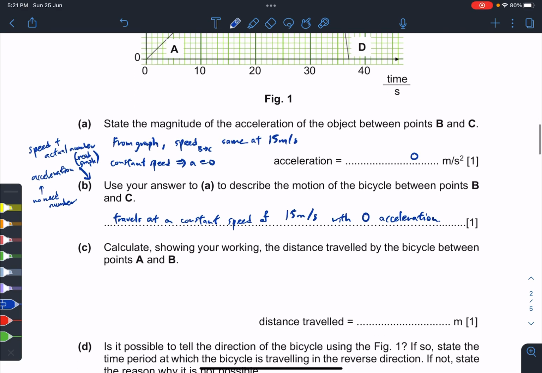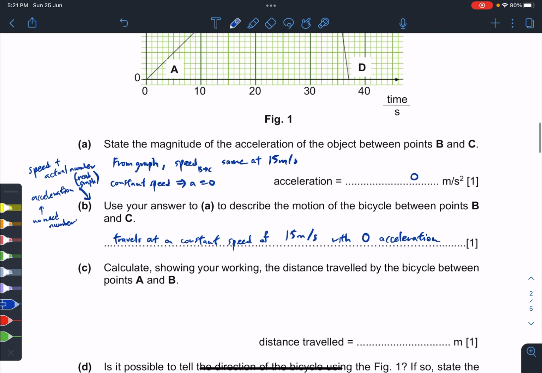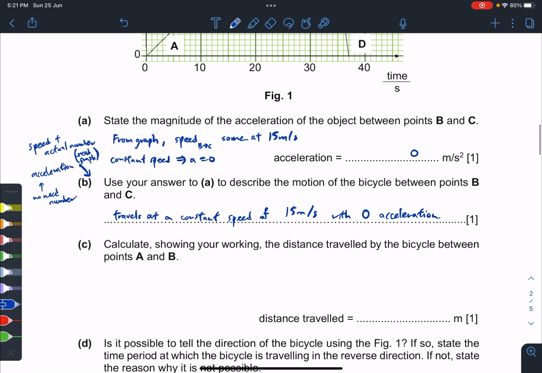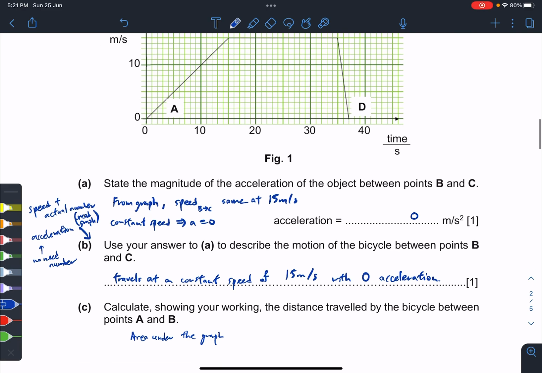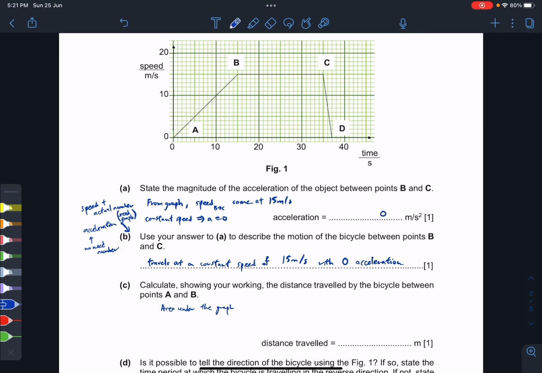Now it's supposed to find distance. Like we mentioned earlier, distance is the area under the graph, between A and B. So you are essentially finding the area of a triangle, which is half times base times height.